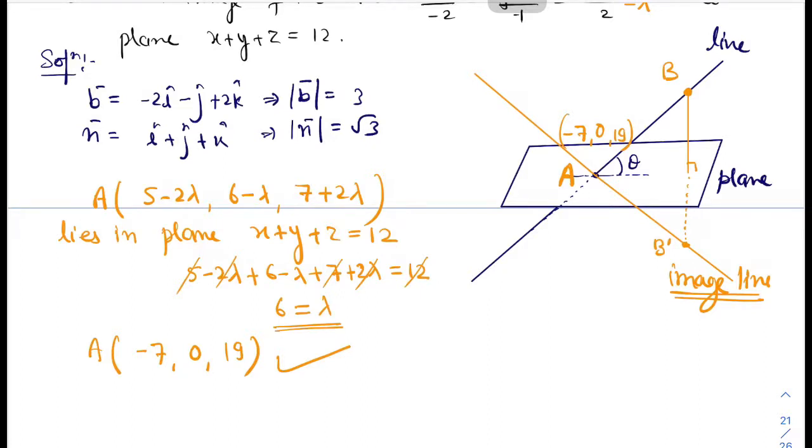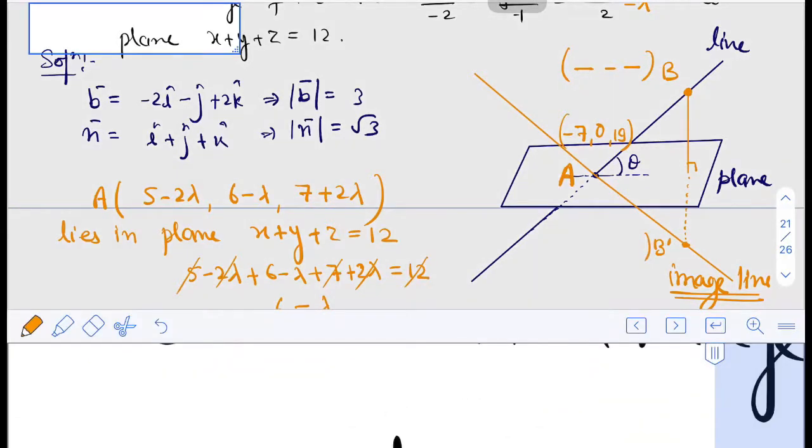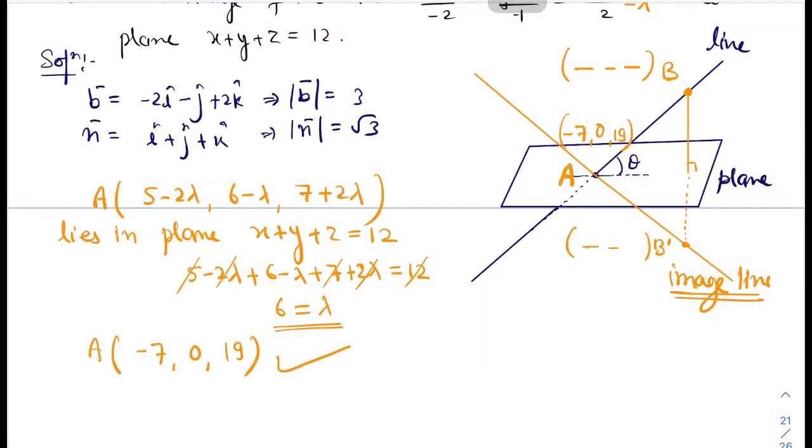So by considering any point on the given line and seeing what the image of that point in the plane is, we can get another point on the image line, and whenever we have 2 points on the line, we can easily write its equation.